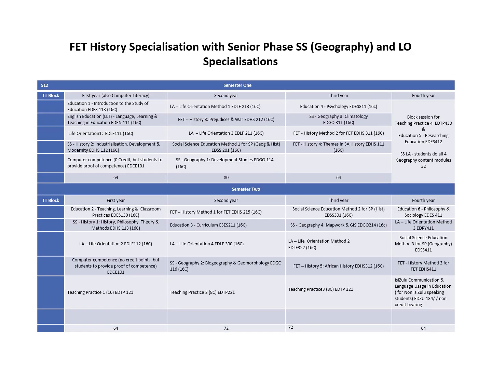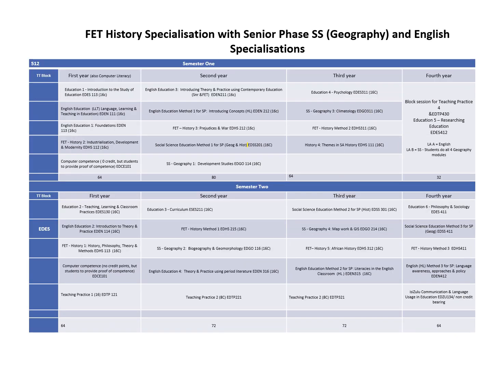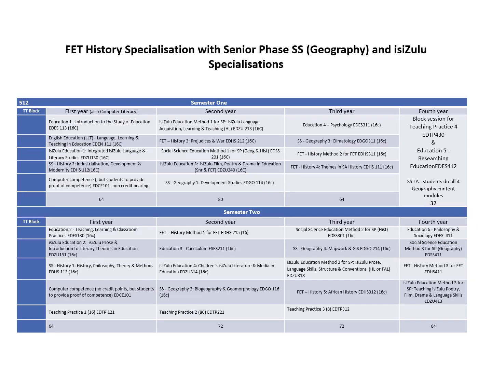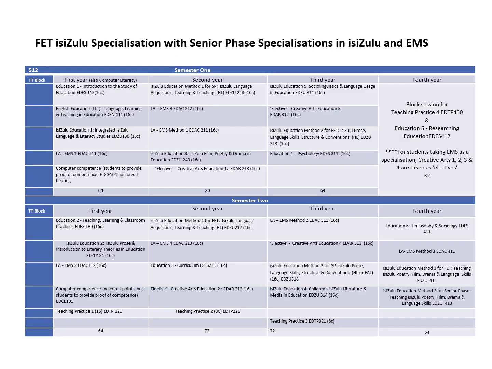This slide focuses on the History specialization with Social Sciences and LO. This slide focuses on the History specialization with Social Sciences and English. This slide pays attention to History FET specialization with Senior Phase SS and isiZulu specialization.